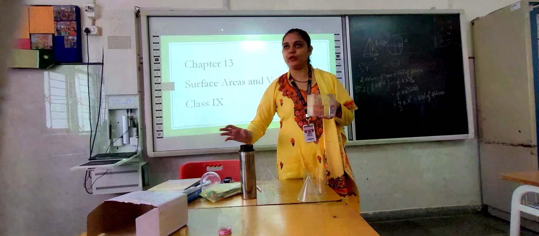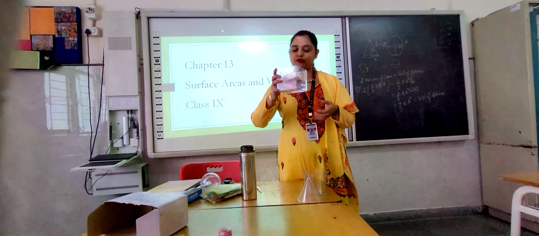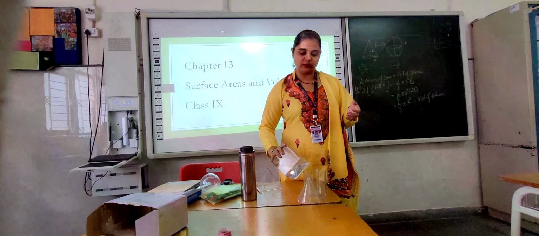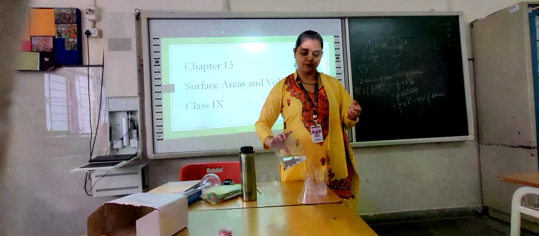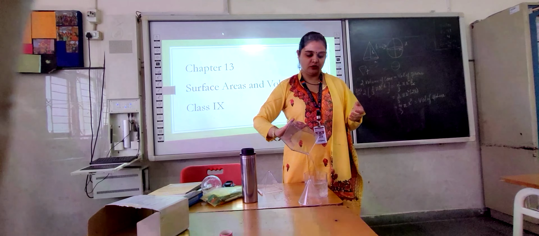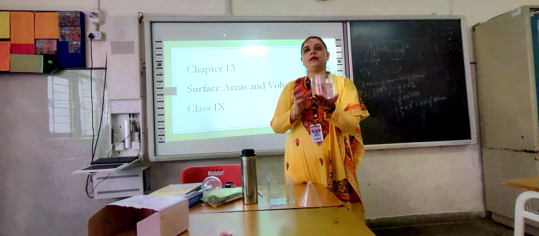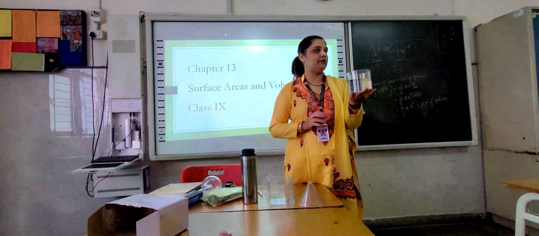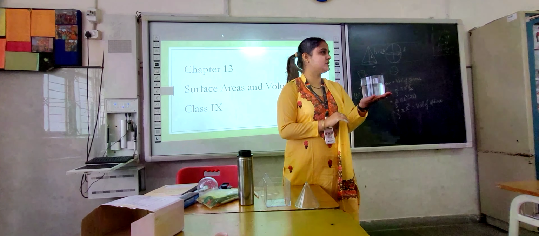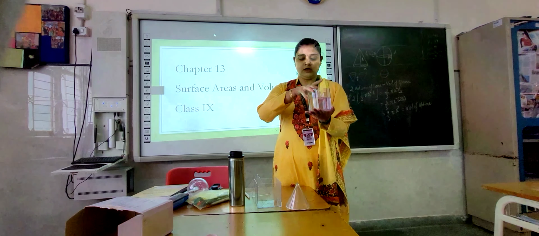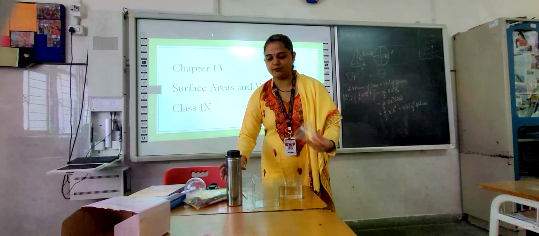So what I am doing in front of you, I am shifting this volume of sphere into the cylinder. So roughly we can see that this cylinder is almost filled 2/3. 2/3 of the portion of the cylinder is filled. Yes, ma'am.